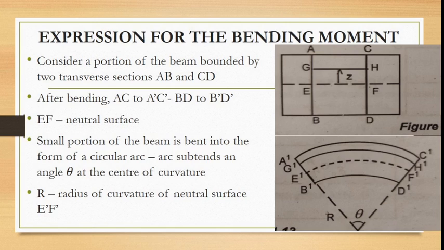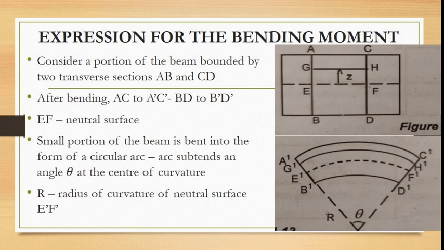If we complete that arc, we will get a circle, isn't it? So that circle has a particular radius. We consider R as the radius of curvature of the neutral surface, that is E dash F dash.